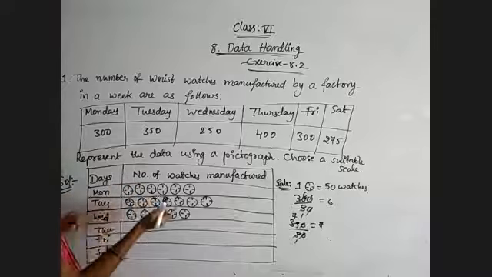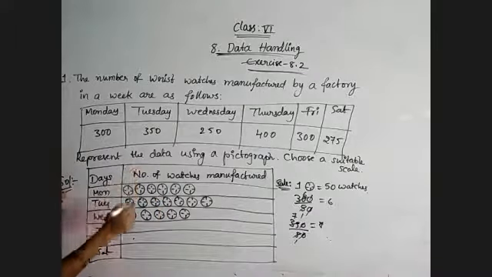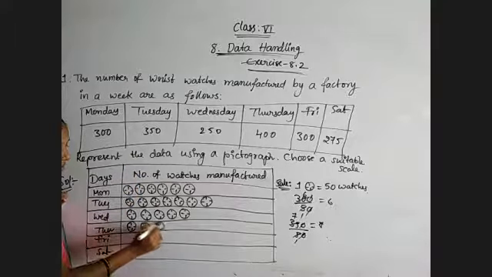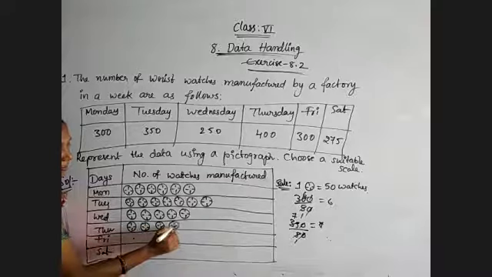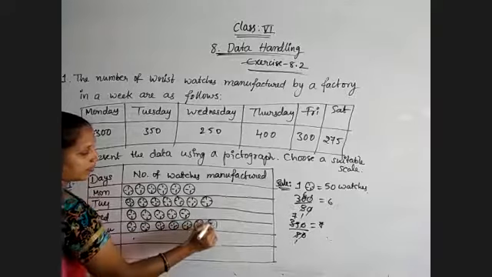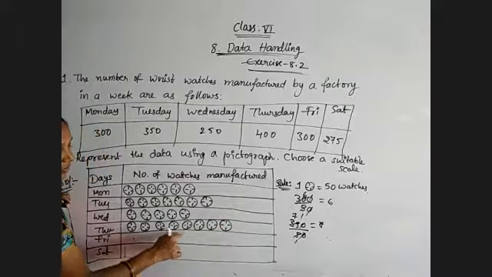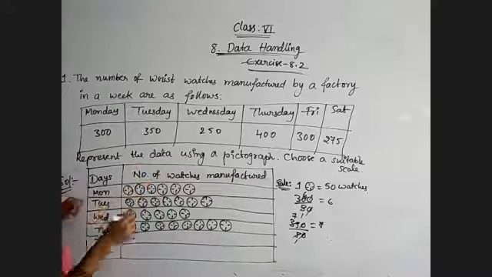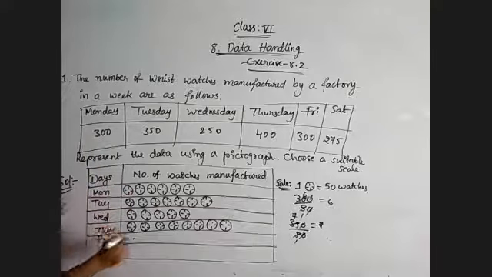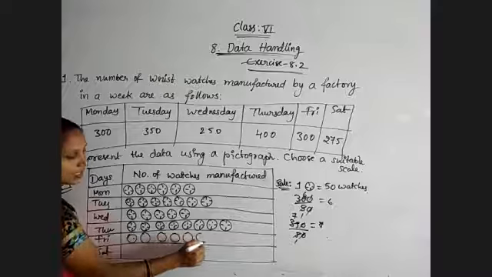Next, 400 by 50, 0 0 gets cancelled. 5 8s are 40. 8 symbols. 1 2 3 4 5 6 7 8. Next, 300 by 50, just now we got, so 6 symbols. 1 2 3 4 5 6.